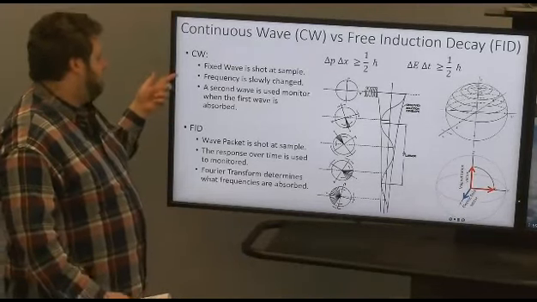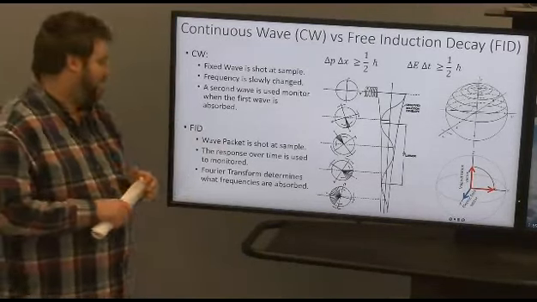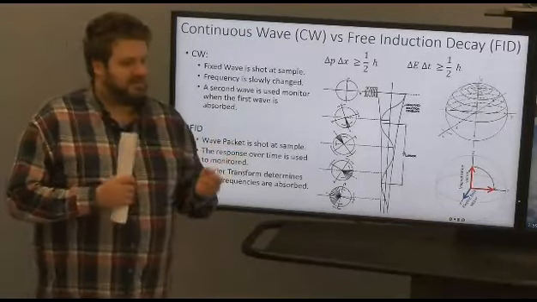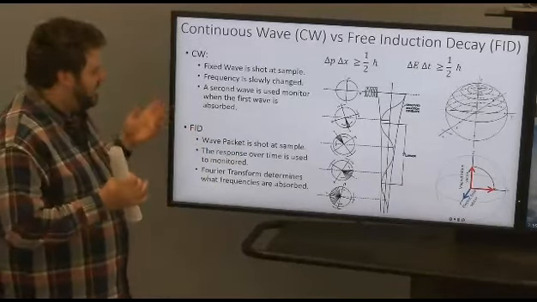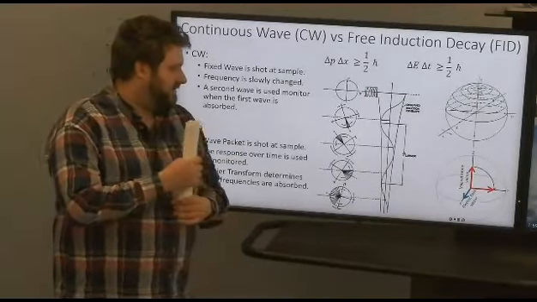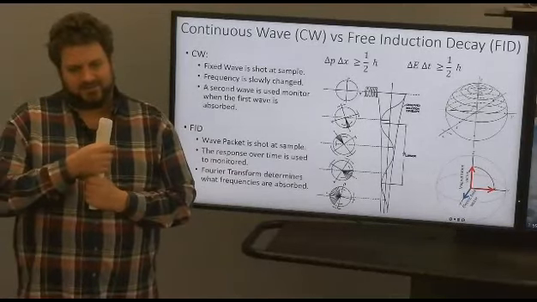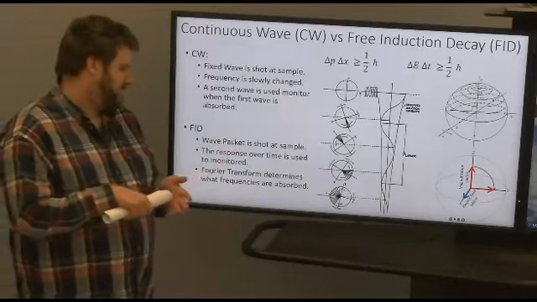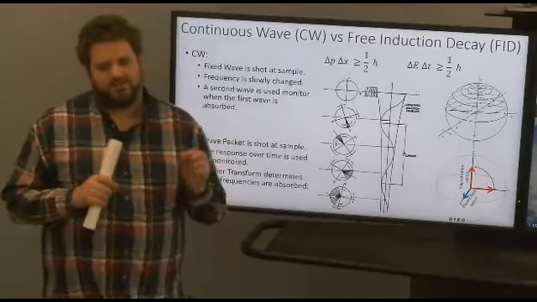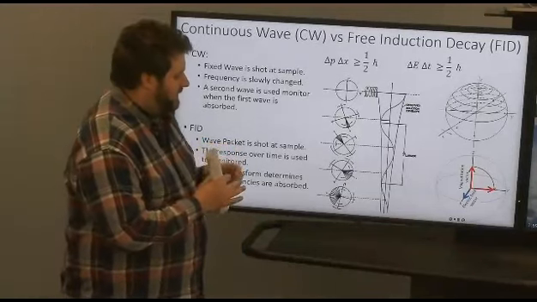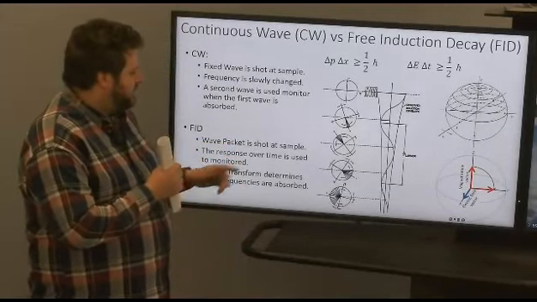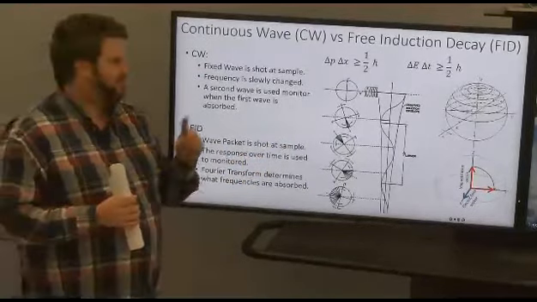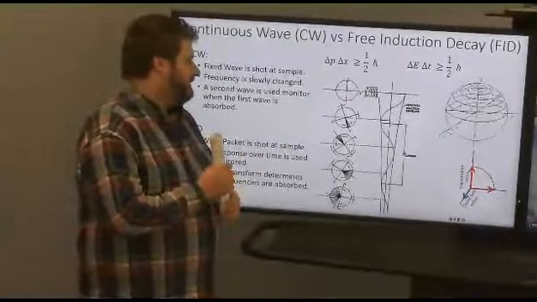Instead of doing continuous wave experiments, though, in reality they're doing FID experiments, which are free induction decay. In this method you're getting the same data, but you first take your sample and make it all resonate, right? All of the nuclei in the sample are made to resonate at once by shooting it with a very, very short electromagnetic pulse, and then you can watch it over time and determine the times at which they resonate back, if you will.